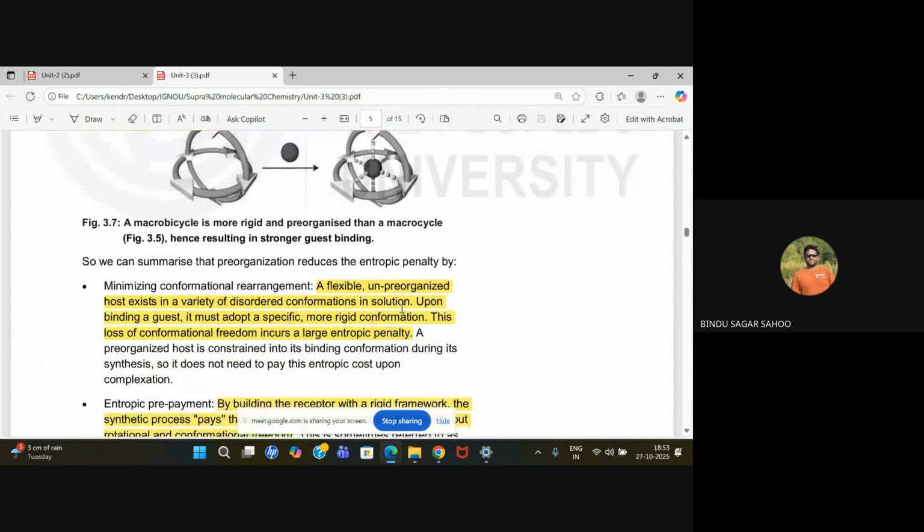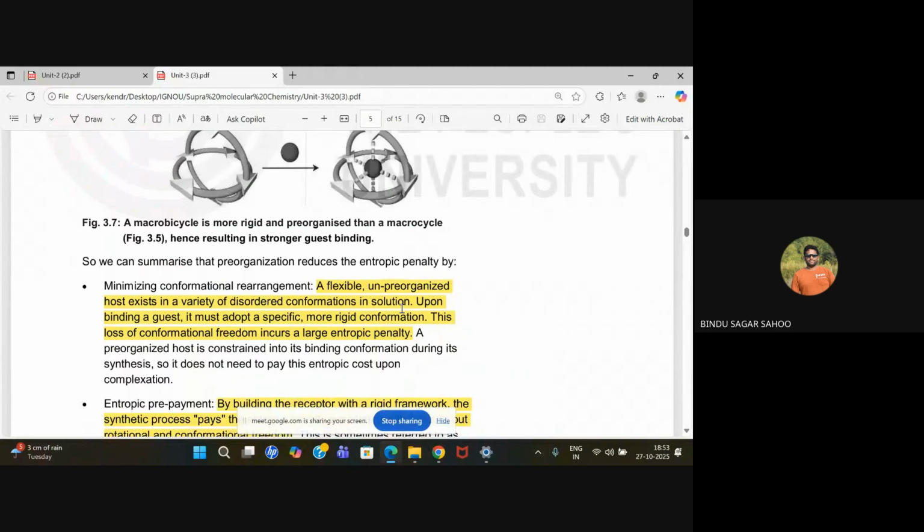That means when a host and guest combine and the host undergoes a huge amount of conformational change, it will incur a higher entropic penalty. But if initially you take a pre-organized host, then the entropic penalty will be less.